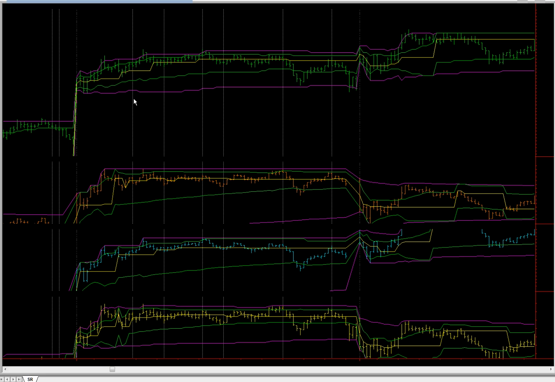Now, let's look at our next point. We come down to this value right in here, and we get support. Why? Well, look at what's happening right down here. We've come down to the point of control.